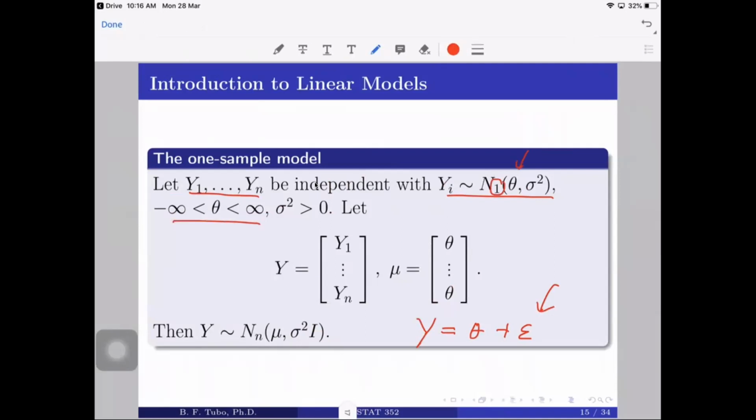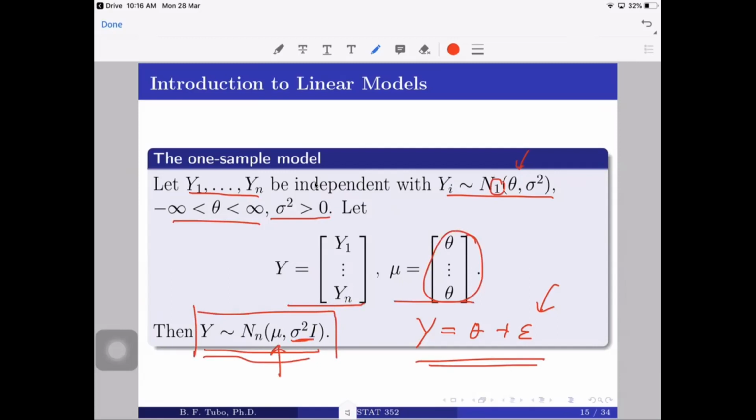Theta will be from negative infinity to positive infinity. Sigma squared is greater than 0. So this is your vector y and this is your mean vector. Then in the coordinate free version, you just write y is normally distributed with mean mu, where mean mu is equal to that, and variance sigma squared I. The model form will be y equal to theta plus some epsilon. This is the model form.